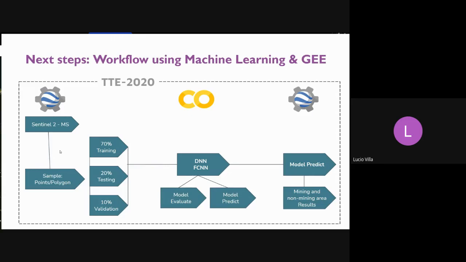But we know, in the last TensorFlow technical exchange, we made some tests using all this input data that we got in order to test these new algorithms, CNN and FCNN. We use a part of this data for training, for testing, and for validation.